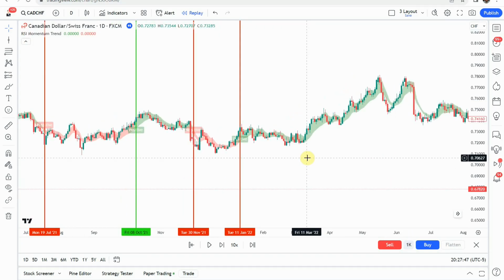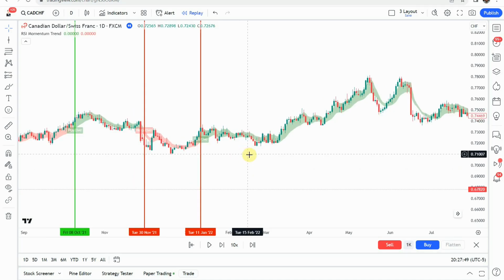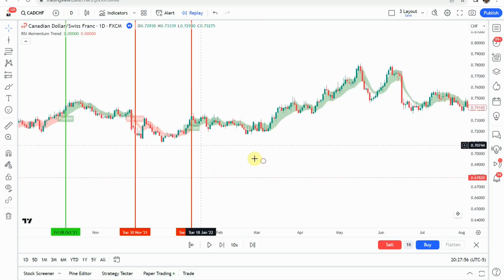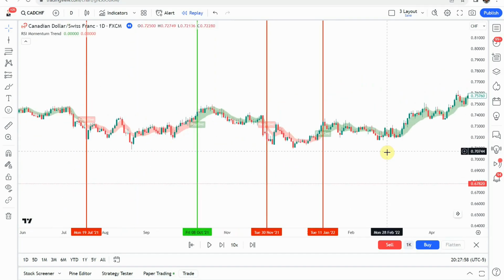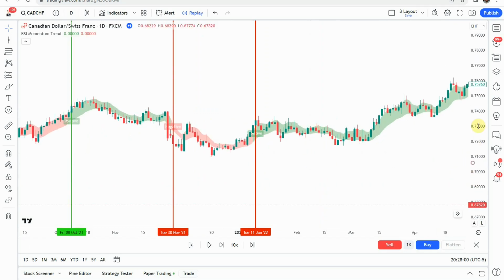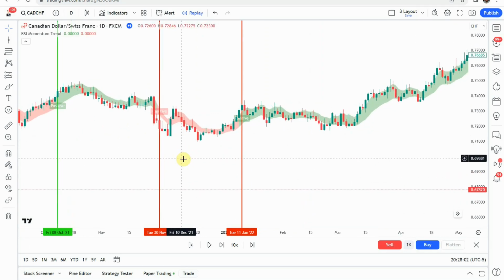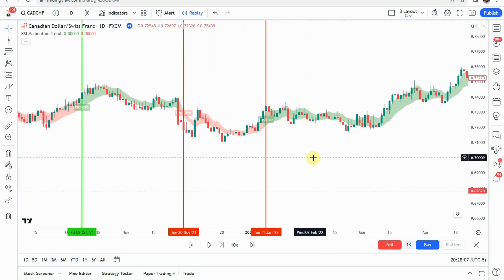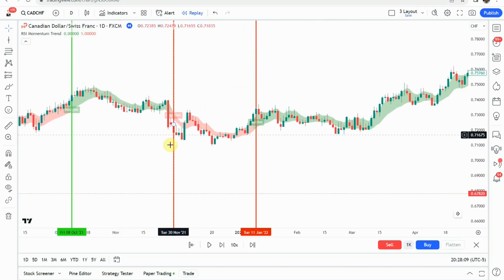And so if you scroll back here a little bit, you can see that I think the biggest issue with this indicator was that it seemed to constantly give signals right as the market was making a little bit of a pullback and correction. And so it's not that the indicator was necessarily a bad indicator. I think something about the timing of it just didn't work out quite right.